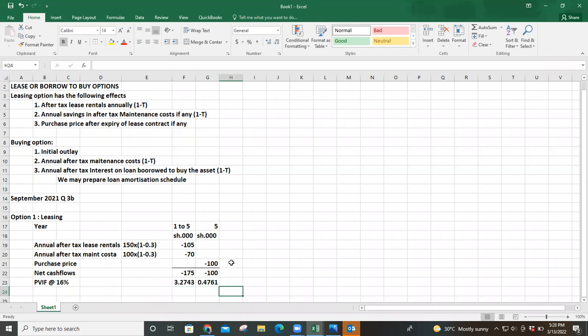And of course now, when you multiply together the present values, so that one is the present value. So this times this.